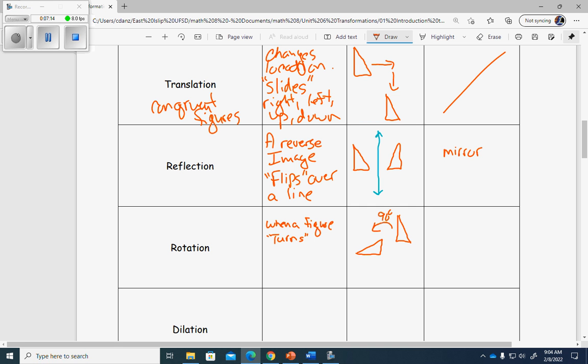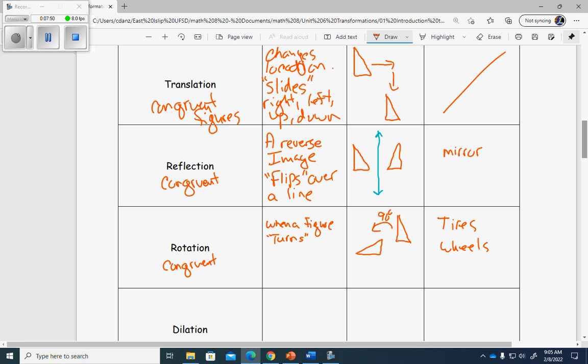So that is the best picture I could draw of a rotation. Rotations create congruent figures. And I'm going to go back up to reflection. It also creates congruent figures. And rotations, we see it like when we're on a bicycle, the tires of our bicycle rotate, wheels rotate, right? There's quite a few things in the world that rotate.